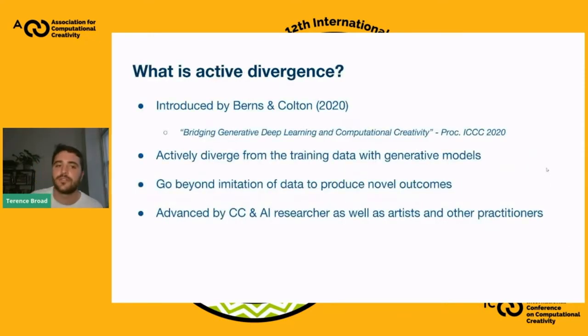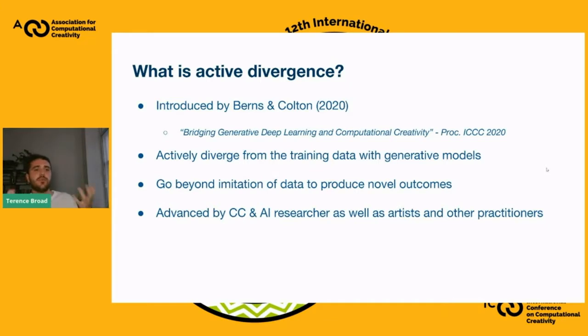So what is active divergence? This was introduced by my co-authors Sebastian Byrne and Simon Colton in a paper from last year's ICCC, and they define active divergence as any kind of method where we're actively diverging from the training data with generative deep learning techniques.